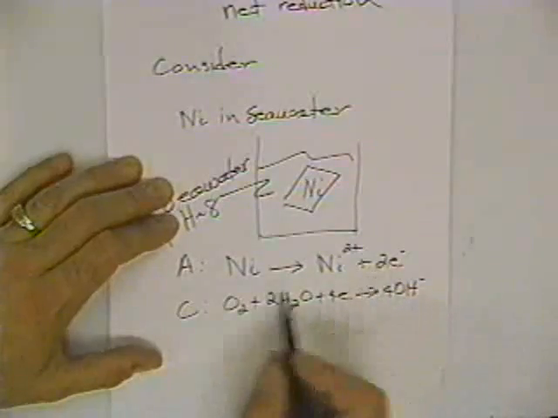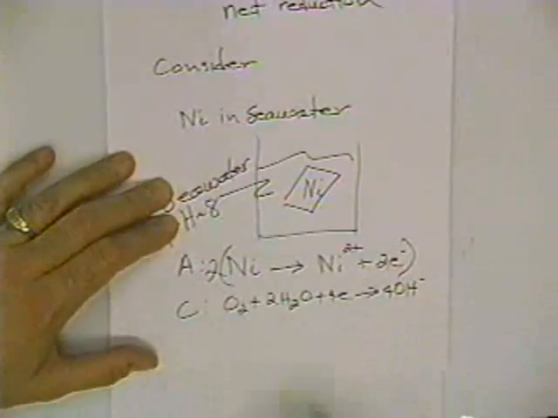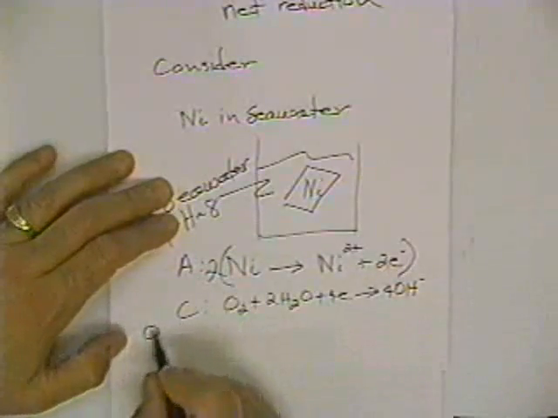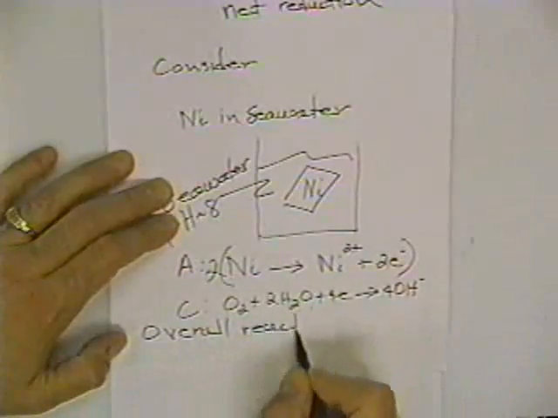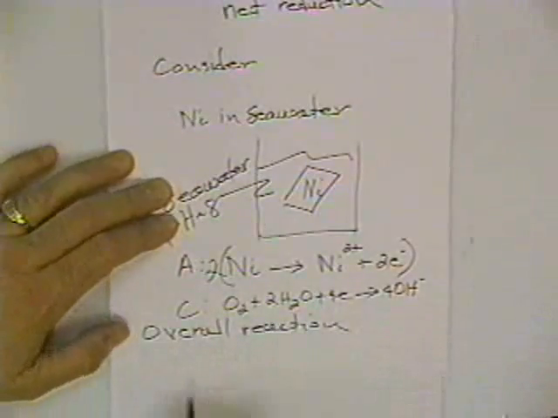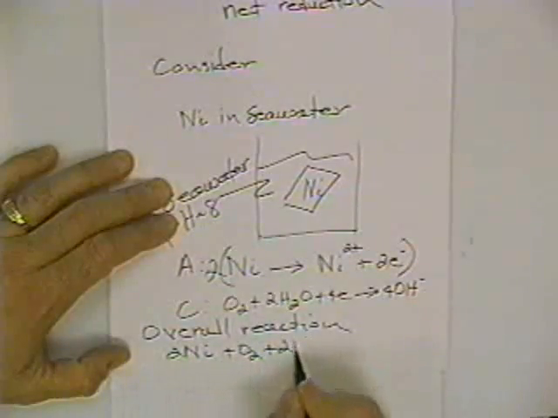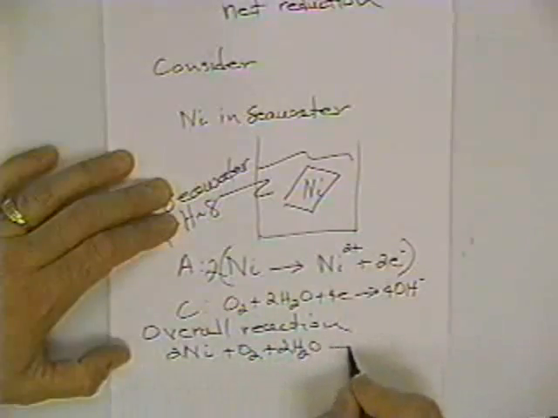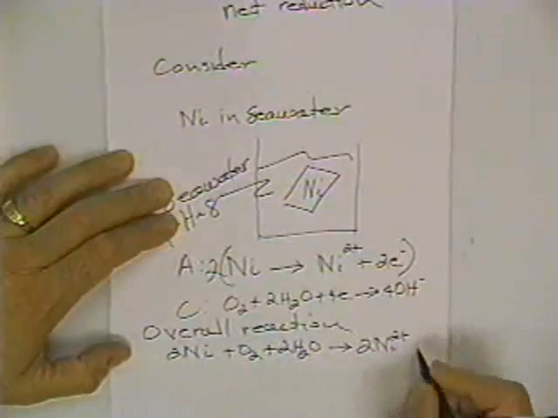Now to balance this, we only have 2 electrons here, so we've got to multiply this by 2. We can add these, and so the overall reaction would be 2 Ni plus O2 plus 2 H2O goes to 2 Ni2+ plus 4 OH-.